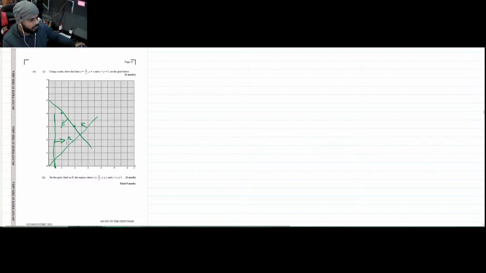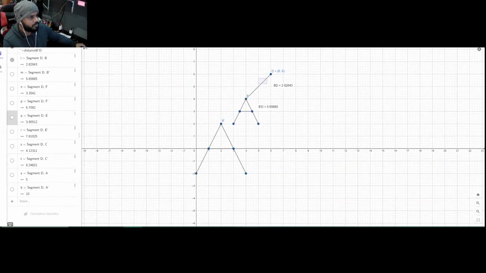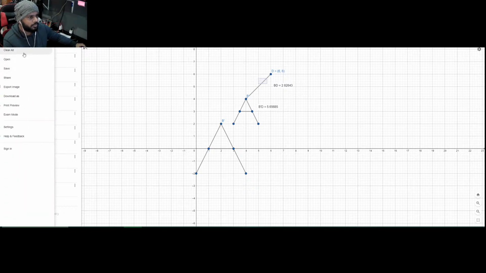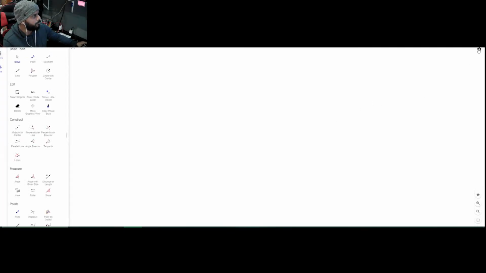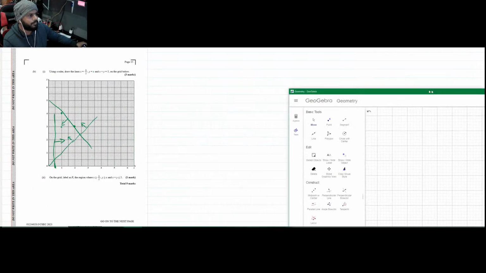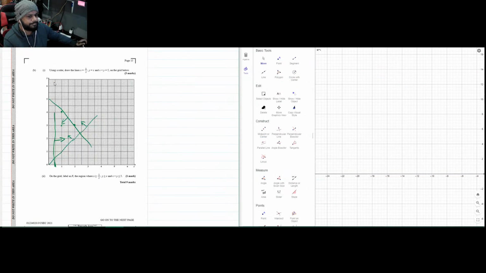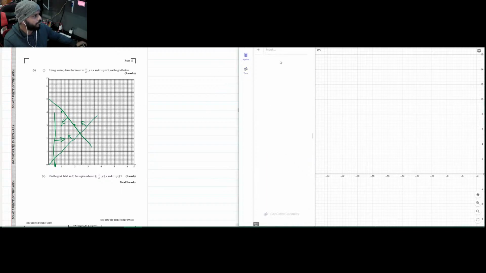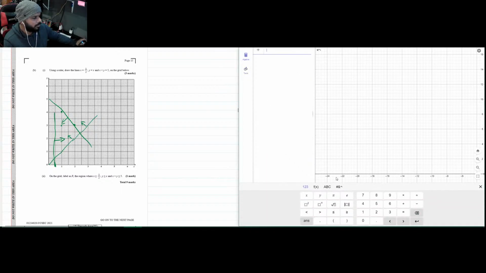So I'll draw this in GeoGebra as well, so you all will see what is actually going on. It might be confusing, but all of you are supposed to know this.